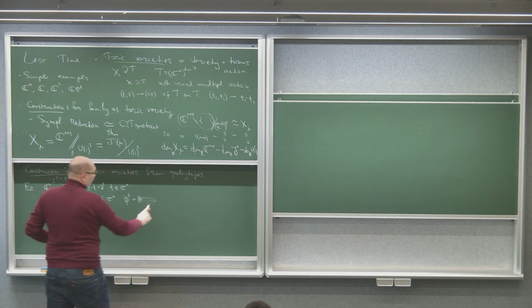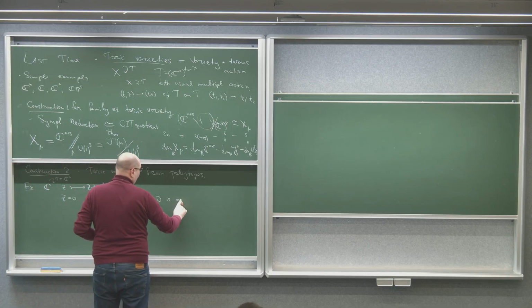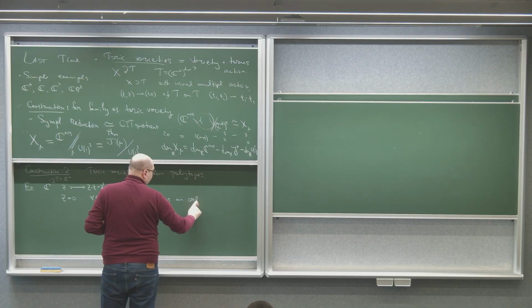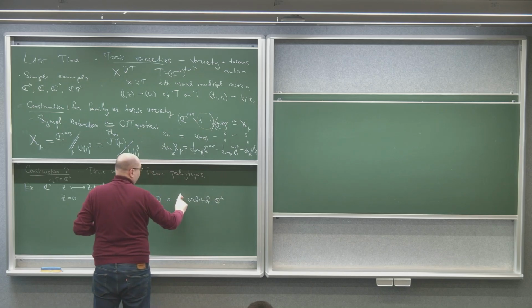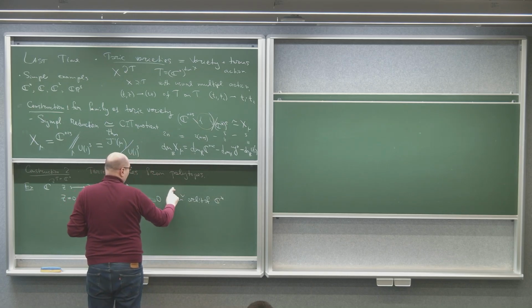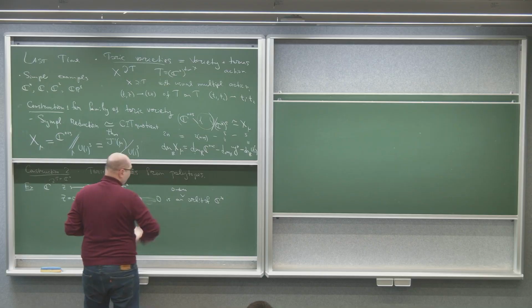So 0 is an orbit of C star, and furthermore it is a zero-dimensional orbit.